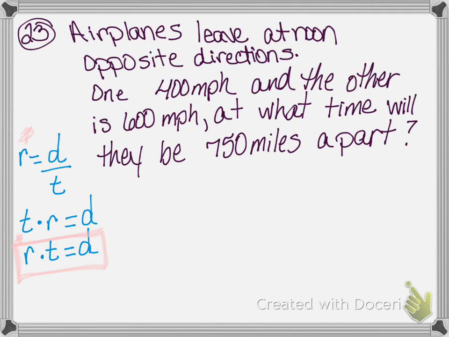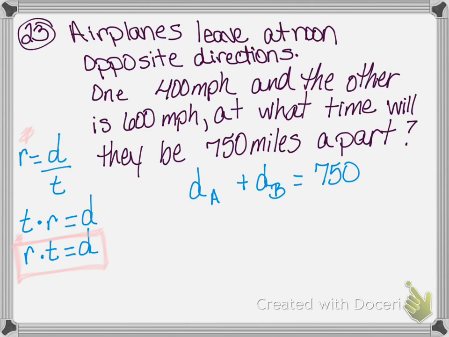Okay, so what we've got to look at is the distance. If I talk about the distance that plane A travels, and I add that to the distance that plane B travels, then I want to know the time that it takes for them to get 750 miles apart. And that's something we don't know. We don't know the time.